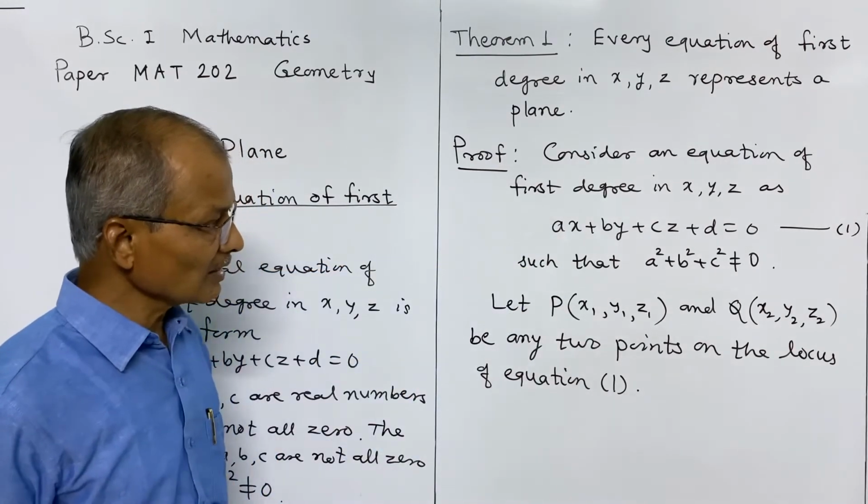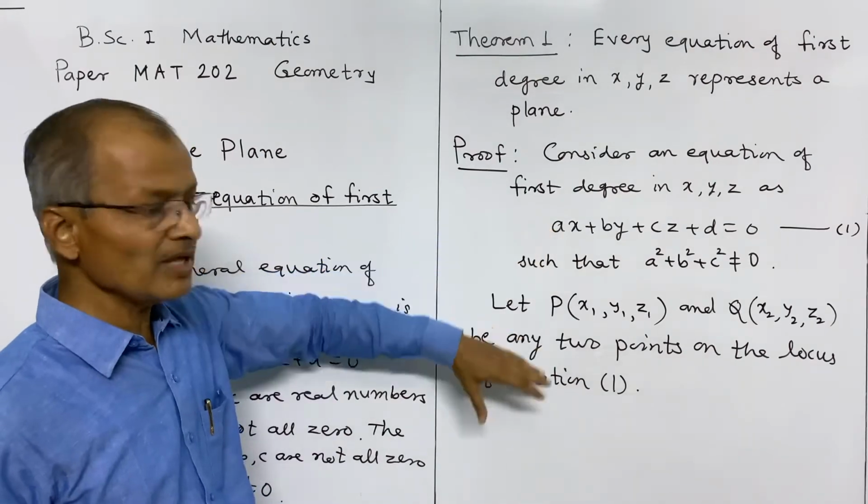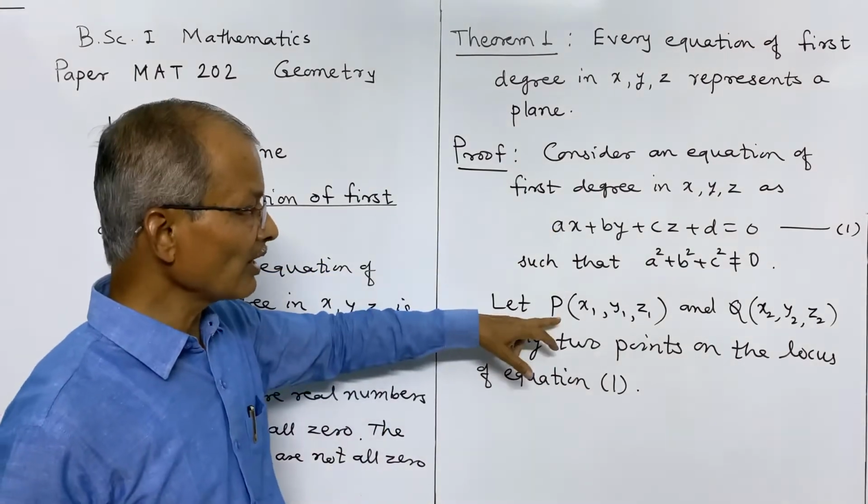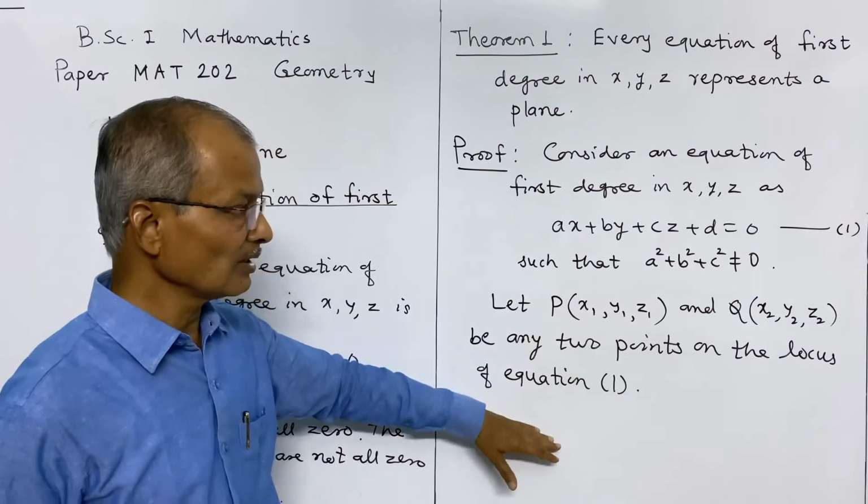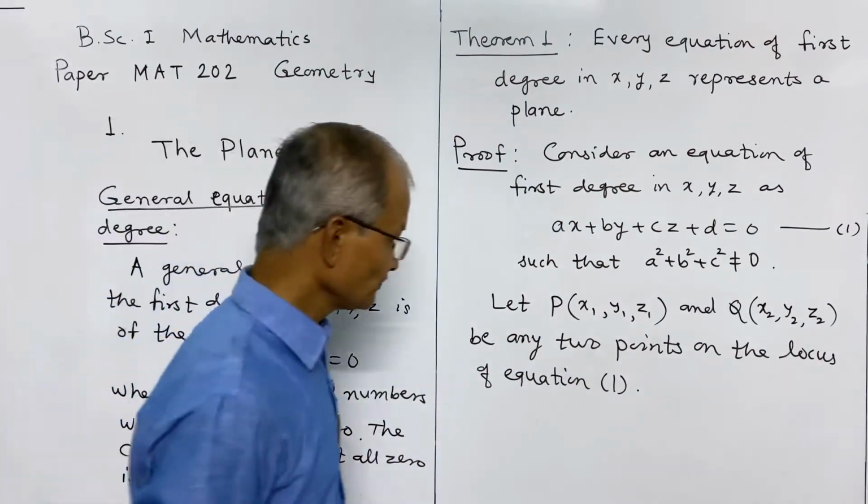Now what we shall consider is that the locus 1 will be a plane if every point on the line joining PQ is again on locus 1.